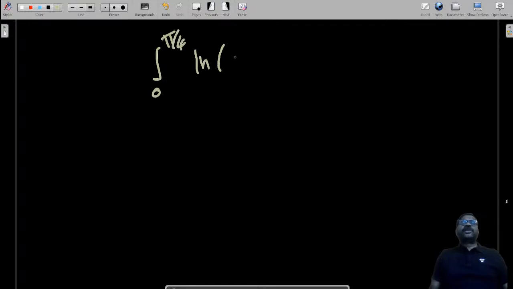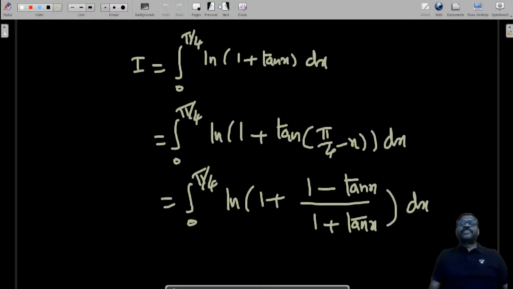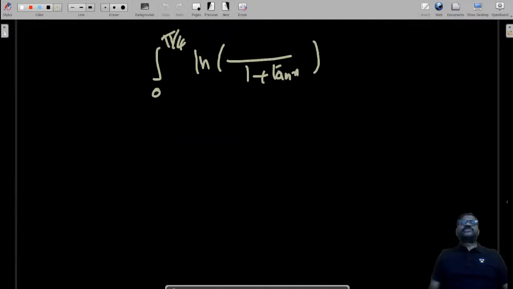That is, integral from 0 to π/4 of log of 2/(1 + tan x), with 1 + tan x in the denominator: 1 + tan x + 1 - tan x is 2, dx.